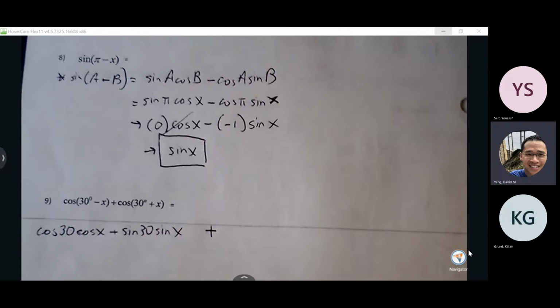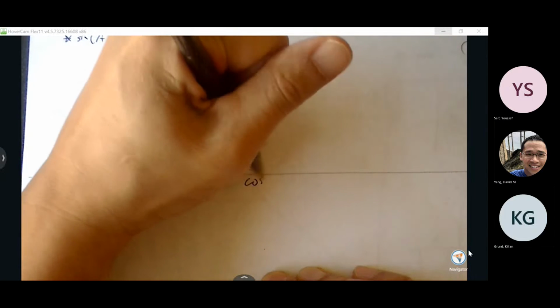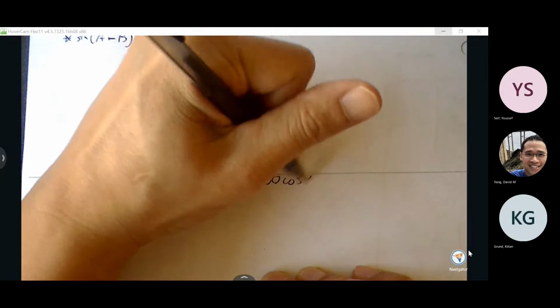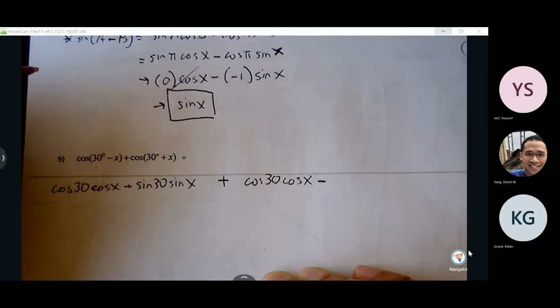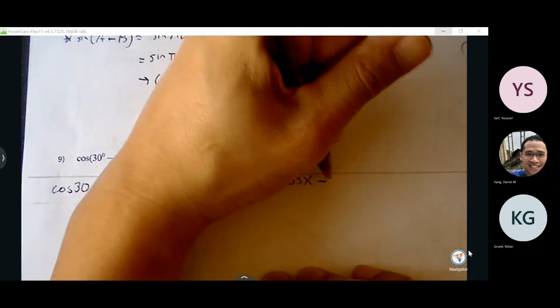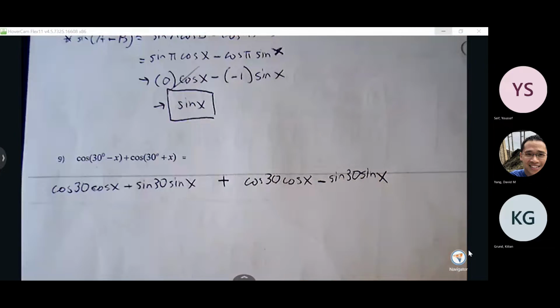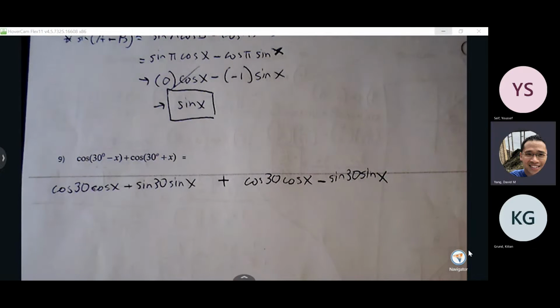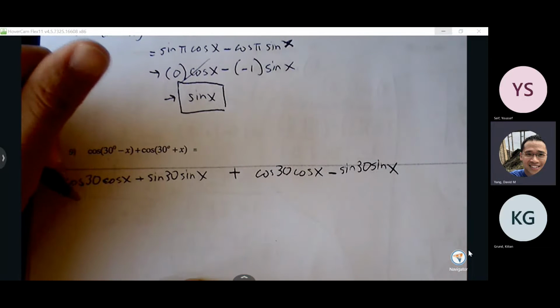Cosine of 30 plus x, we can do the sum identity there. Cosine of 30, we can reduce, or we can use unit circle values there.